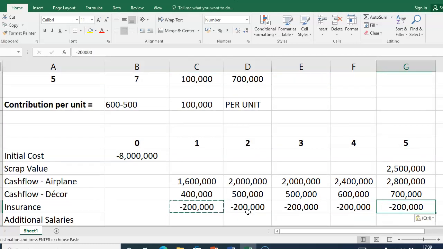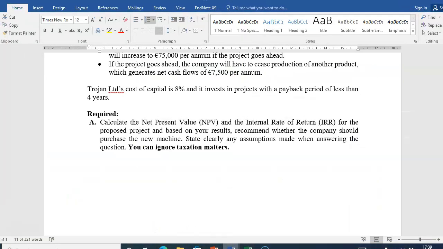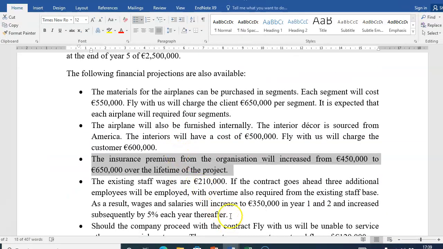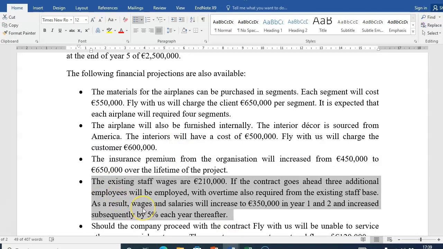Back then to the question again. So where are we? Sorry. The next bullet point: the existing staff wages are 210,000. If the contract goes ahead, 3 additional employees will be employed, with overtime also required for the existing staff base. As a result, wages and salaries will increase to 350,000 in year 1 and 2 and increase subsequently by 5% each year thereafter.